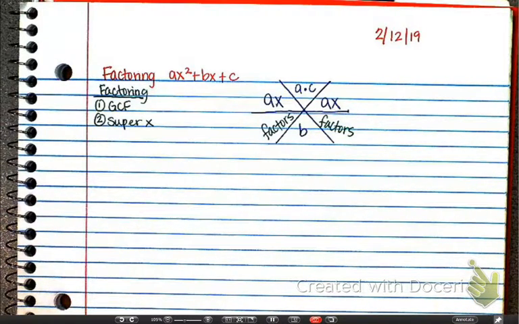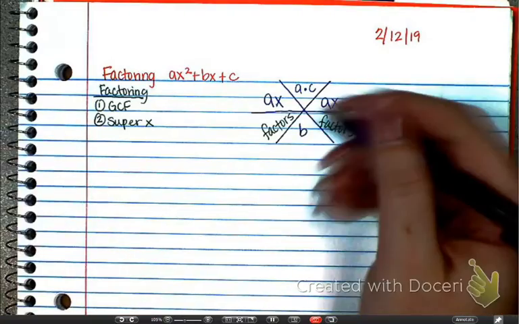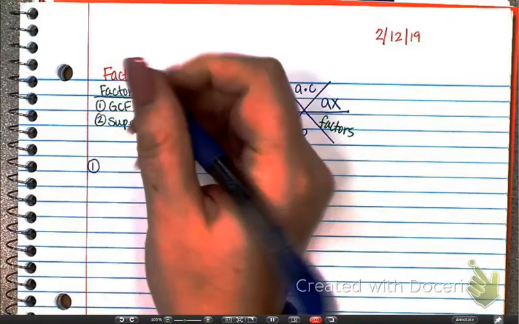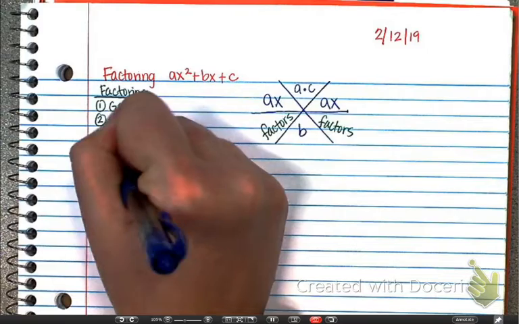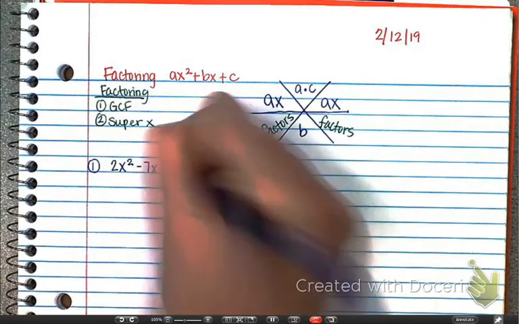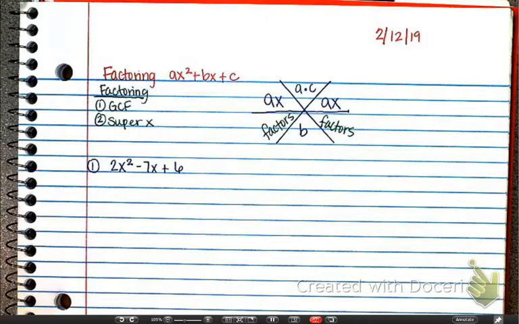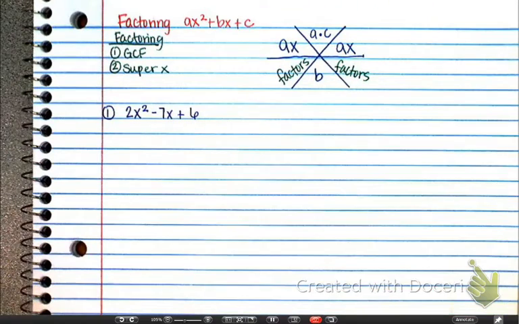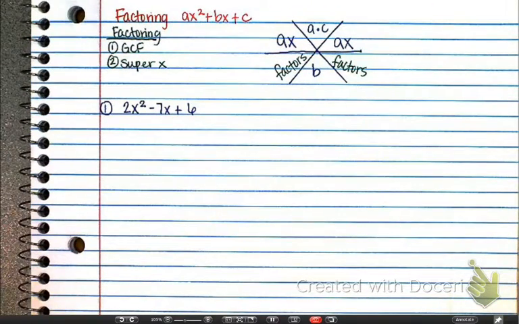So we're going to kind of jump right in, and then I'm going to show you where things change a little bit. So we're going to look at 2x squared minus 7x plus 6. Okay.